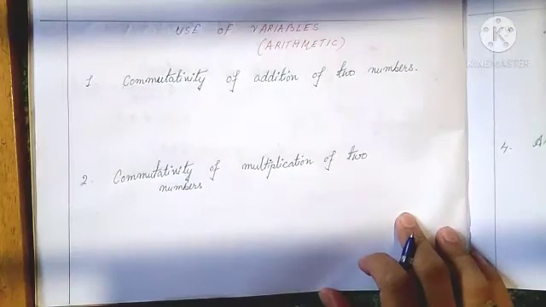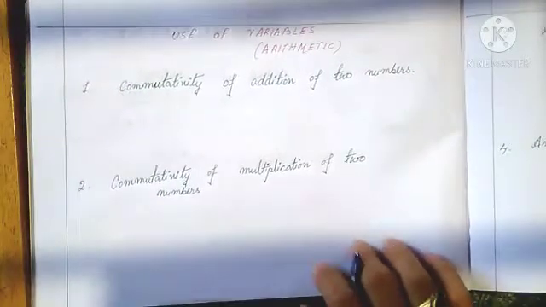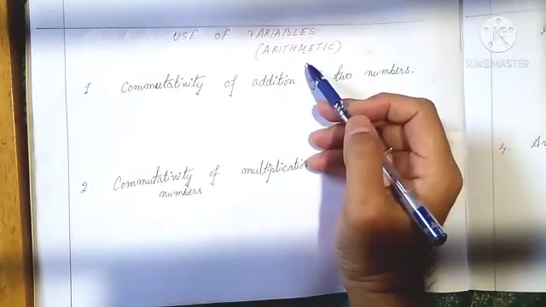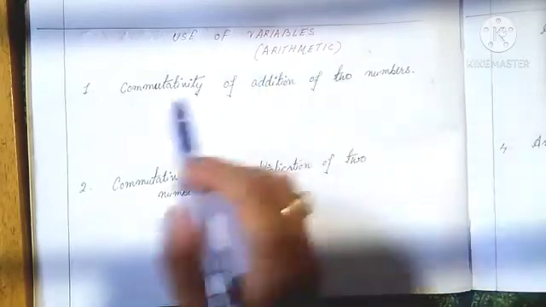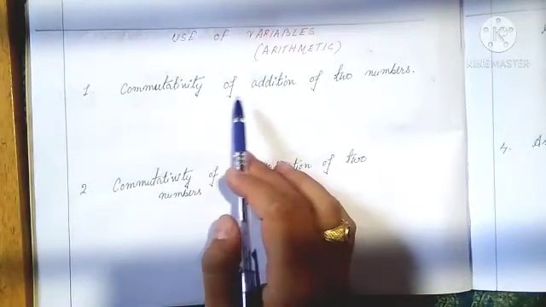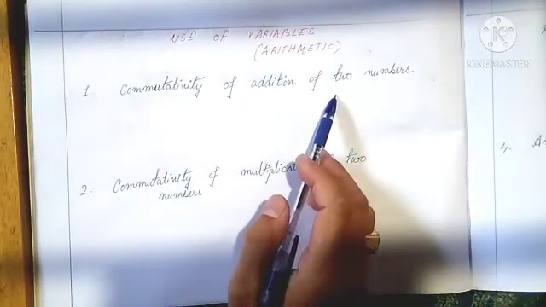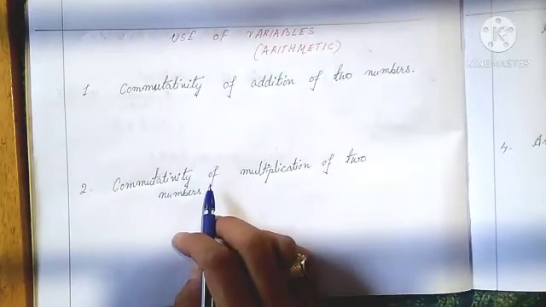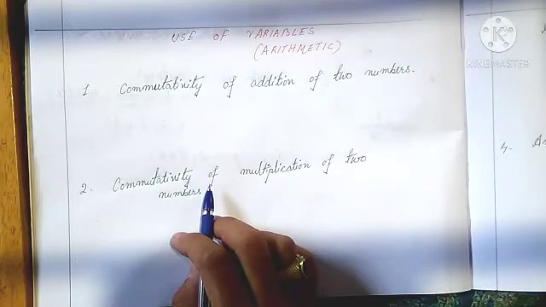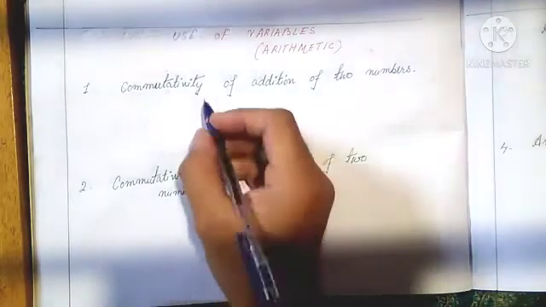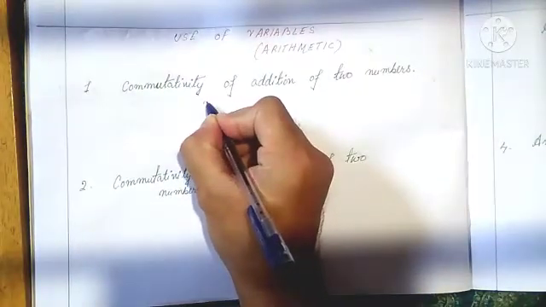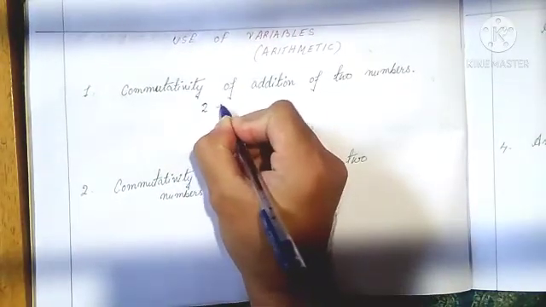Understood? So students, let us try to use variables this time in arithmetic instead of geometry. Here we have commutativity of addition of two numbers. Do you still remember the commutative property of addition? It states that the result of the sum of any two numbers will be the same irrespective of their order. Let's take two numbers, say 2 and 3.